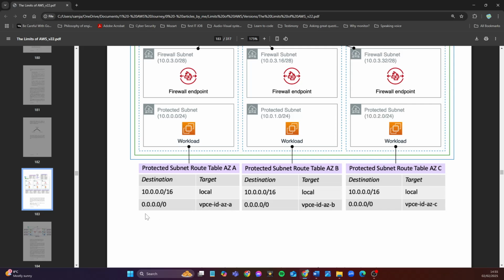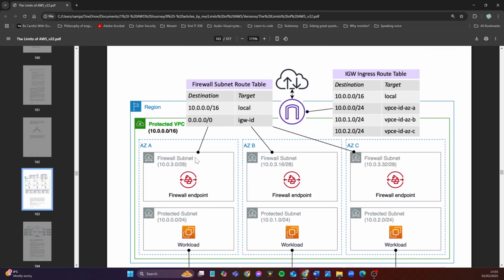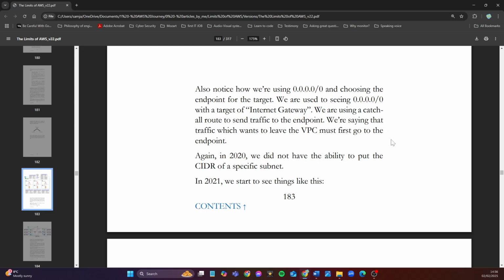So that's why we're taking that all zeros, which is usually with the Internet Gateway, and making the target be the firewall endpoint first. And then once it gets to the firewall subnet, which contains the firewall endpoint, we can have all zeros and the target actually be the Internet Gateway. Now, in 2020, we did not have the ability to put the CIDR of a specific subnet.